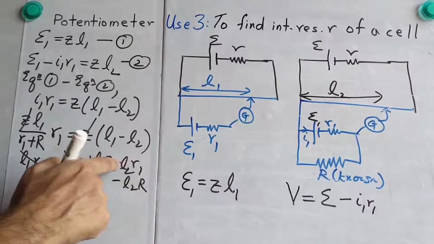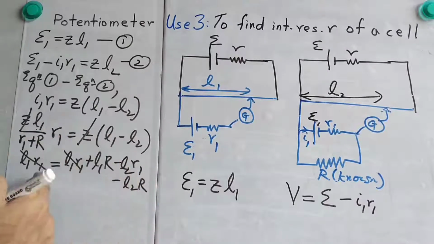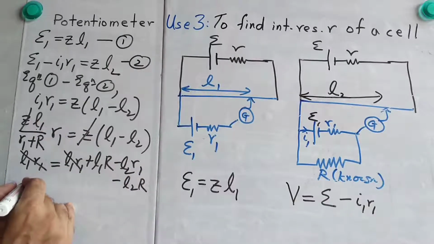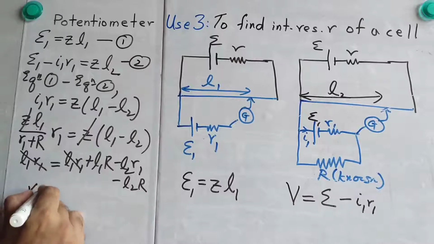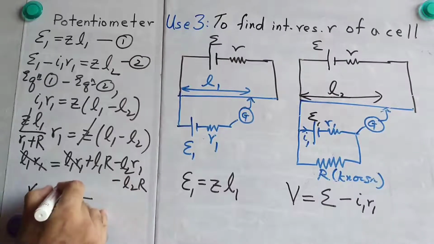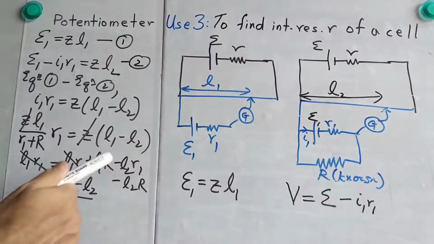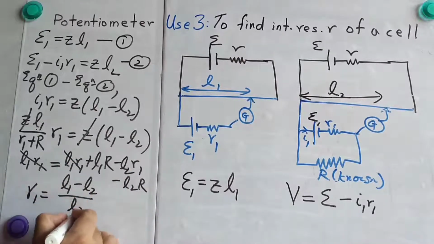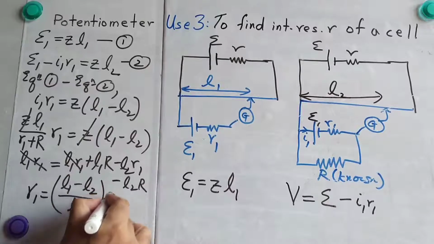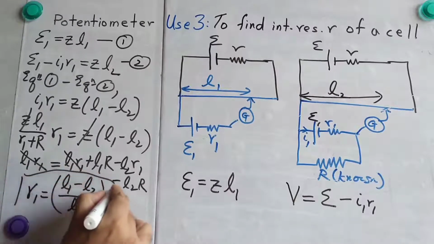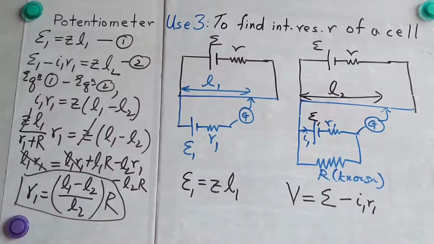So L2 r1 is left. So this we take this side. So we get r1 equal to (L1 minus L2) divided by L2 into capital R. So this is how we can find the internal resistance of a cell using a potentiometer.